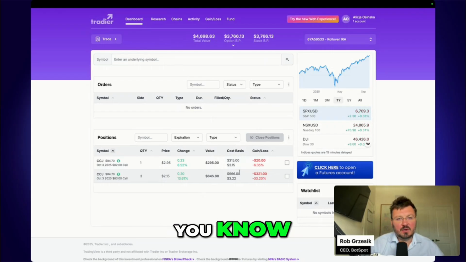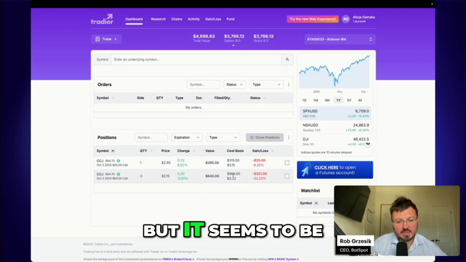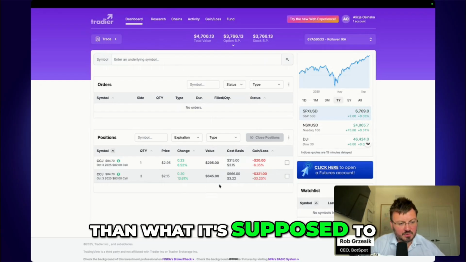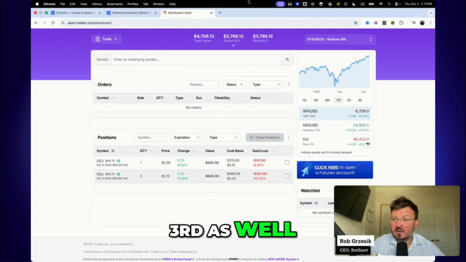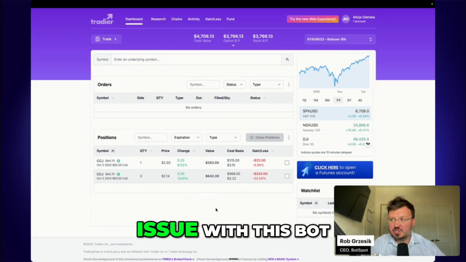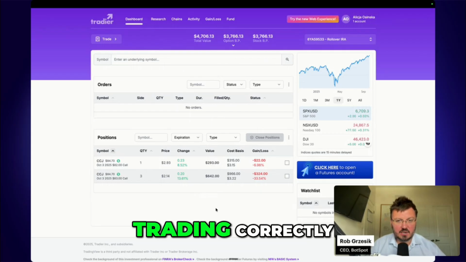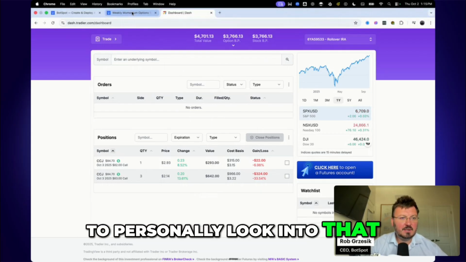So if you say $5,000, 7% of the account, it should be something like $350, but it seems to own more than what it's supposed to. These are expiring October 3rd as well, so that's expiring tomorrow. So I actually feel like maybe there's some sort of issue with this bot that is not trading correctly. So I would like to personally look into that.